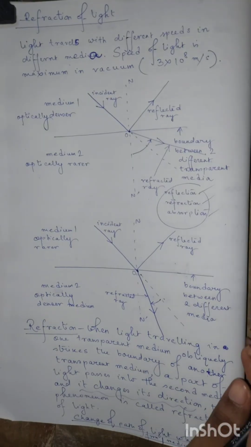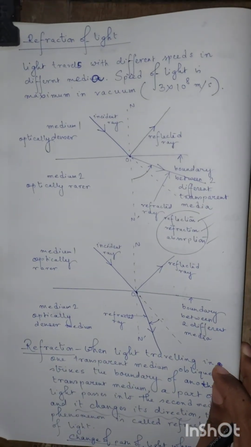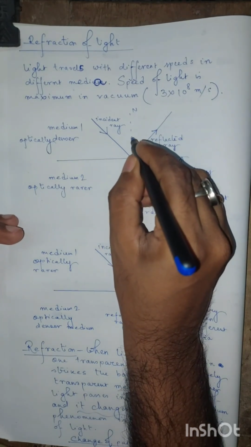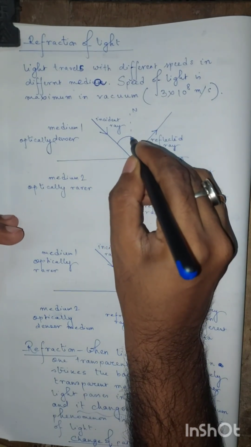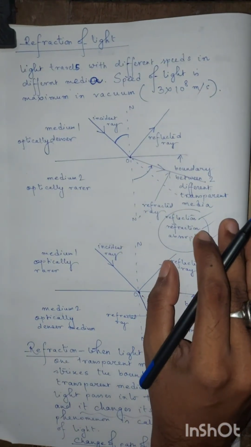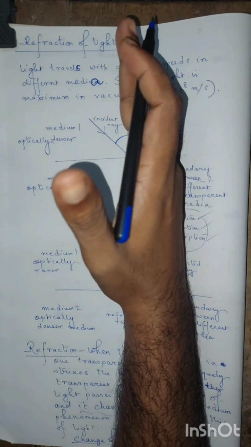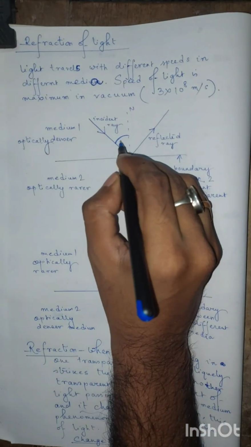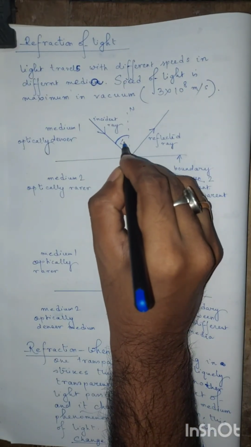Now we can say that this angle, that means the angle between the normal at the point of incidence and the incident ray, this angle is called angle of incidence.